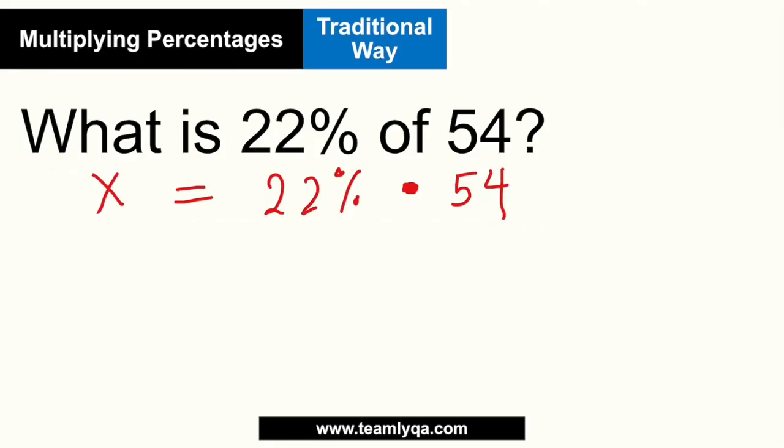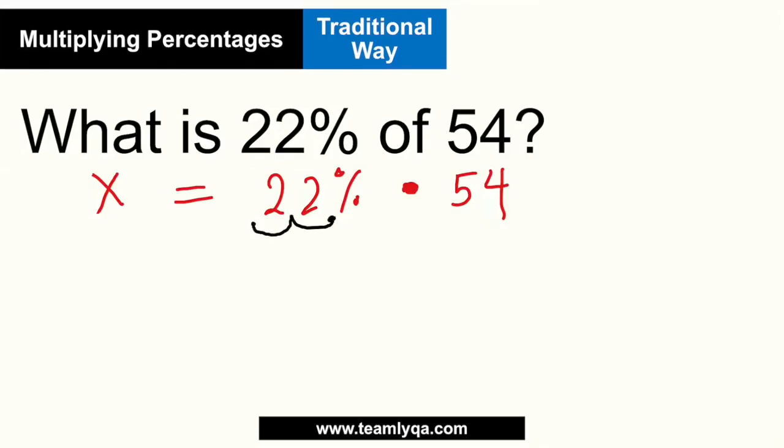And in order for us to get x, kailangan ko i-multiply yung 54 at 22%. Now, first things first, i-convert natin yung percent into decimal. Okay? Yung percentage form to decimal form. And in order for you to do that, I've discussed this in other videos na rin, what you're going to do is to move the decimal place ng dalawang beses. So, 1, 2.